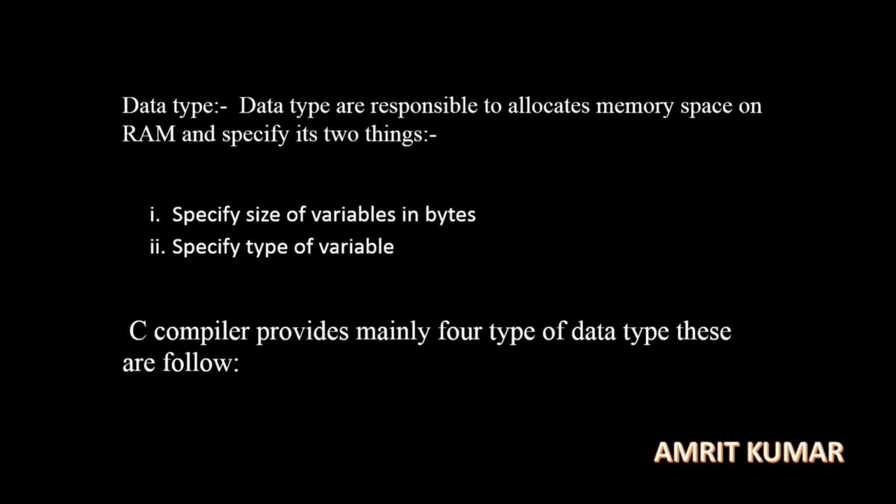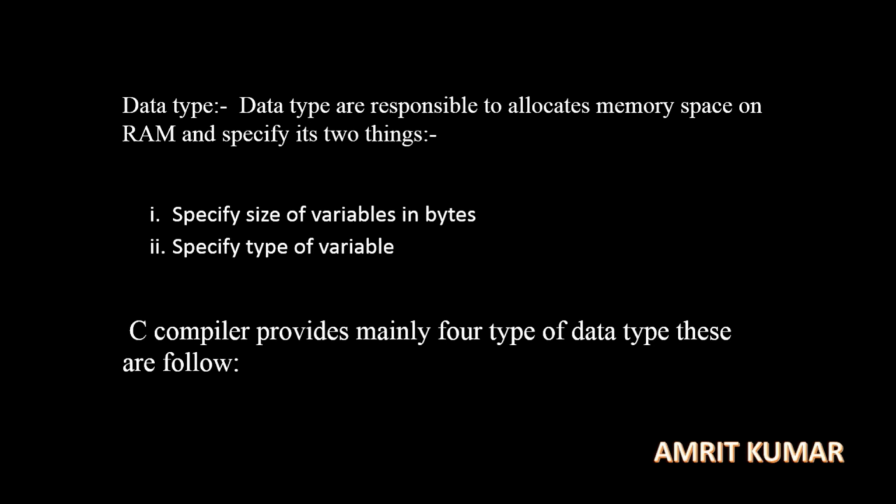So an area of that size is allocated in the RAM. It specifies two things. First, the size of the variable in bytes, and second, the type of the variable. So two things are specified, size and type.